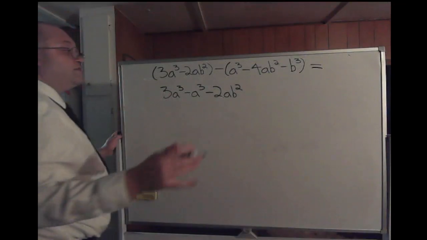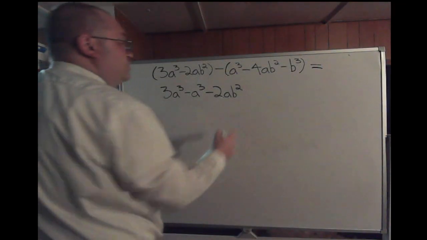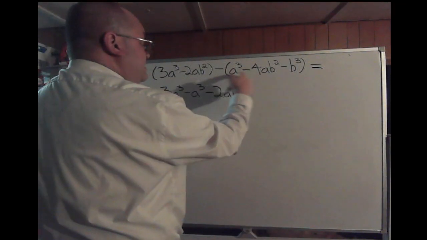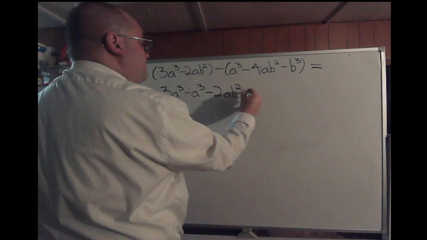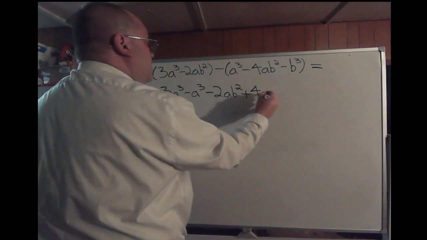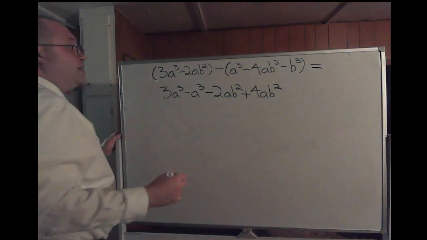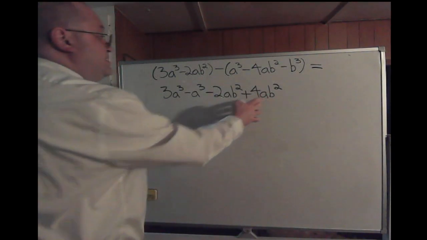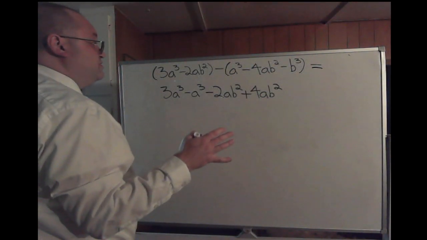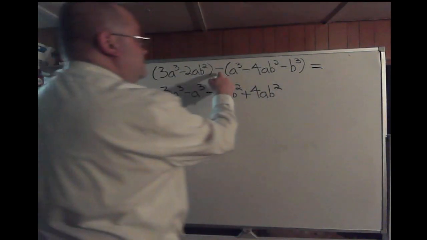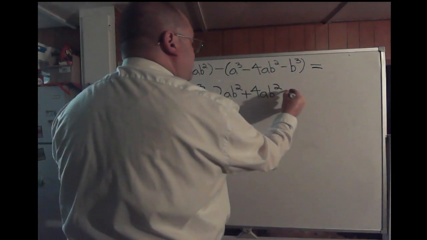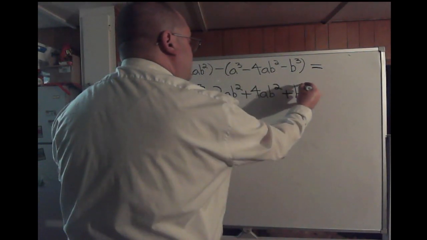Do we have any other ab to the second power terms? We do. We have minus 4ab to the second power, which is actually plus 4ab to the second power. I don't see any other ab to the second power terms, so that deals with that. Now all we have left is minus b to the third. That'd be plus b to the third.